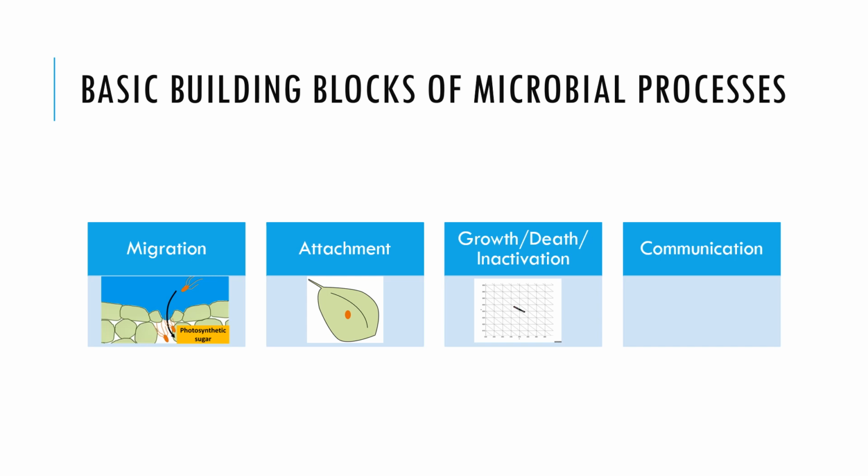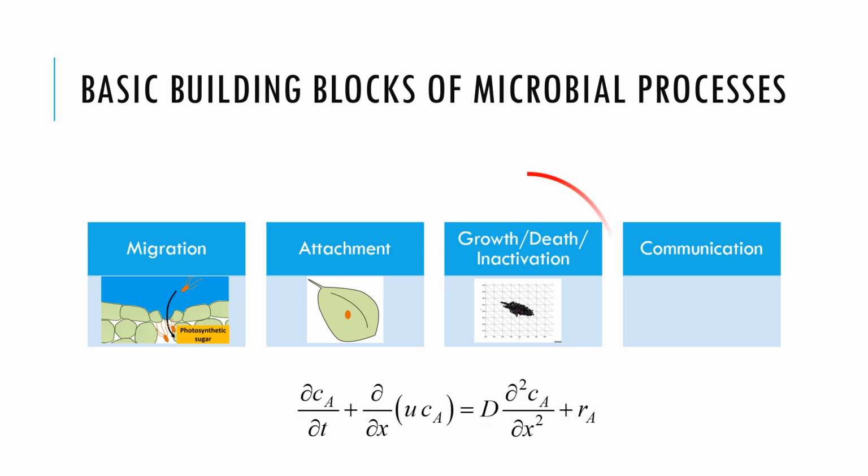After migration and attachment, we want to talk about how growth or death or inactivation can be included in the framework, the quantitative framework, the physics framework that we are talking about.